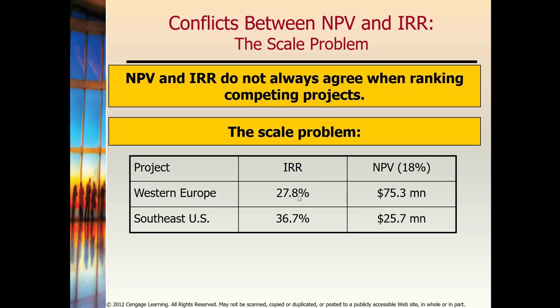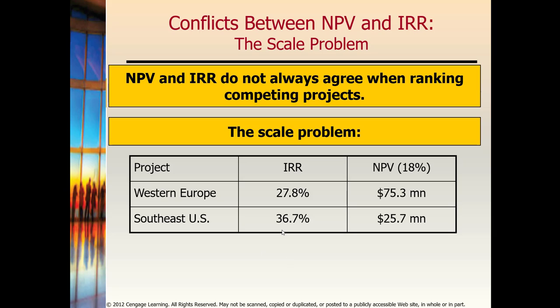However, in the IRR technique, you can find the Southeastern project can create the higher rate of return for the company. So which project should you choose? Based on IRR, the Southeast US proposal is preferred because it's a small scale.